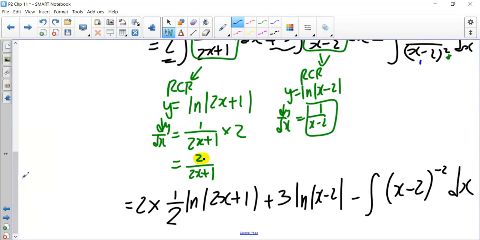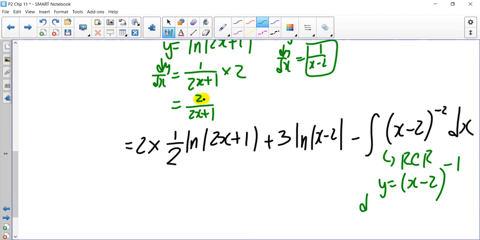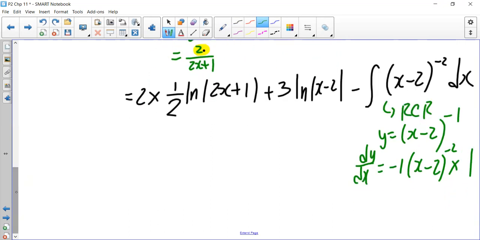The next one, considered as a power, is the minus 2. So if we do reverse chain rule in here, we can let y be (x minus 2) to the power of minus 1, because differentiating power of minus 1 will give you power of minus 2. So dy by dx is minus 1, differentiate the power first, minus 1, times differentiate inside is 1. So that's minus (x minus 2) to the power of minus 2.